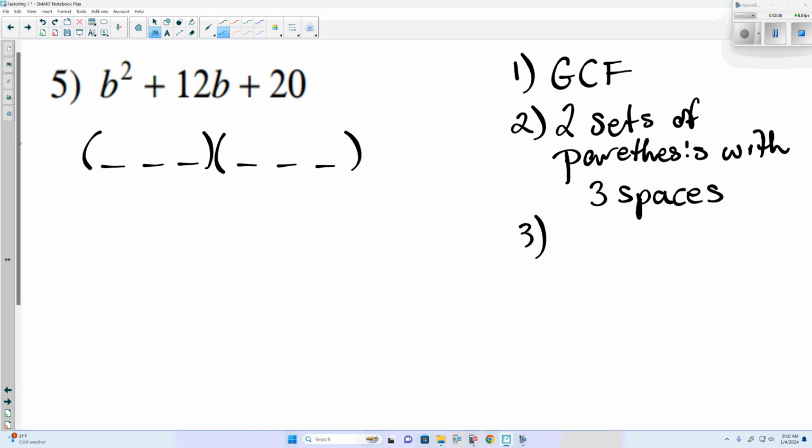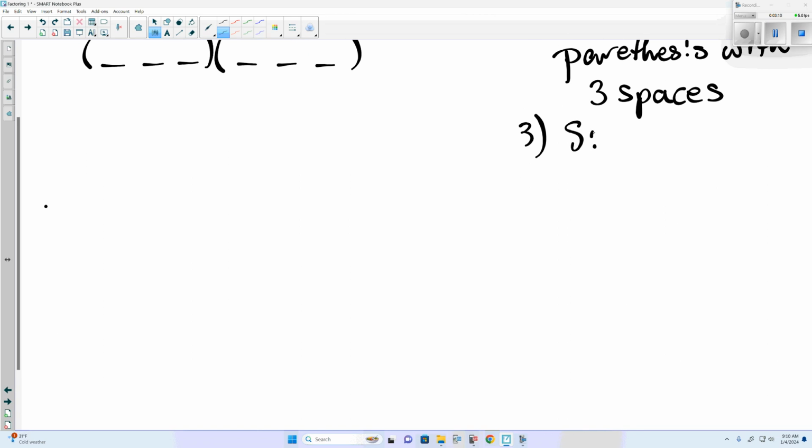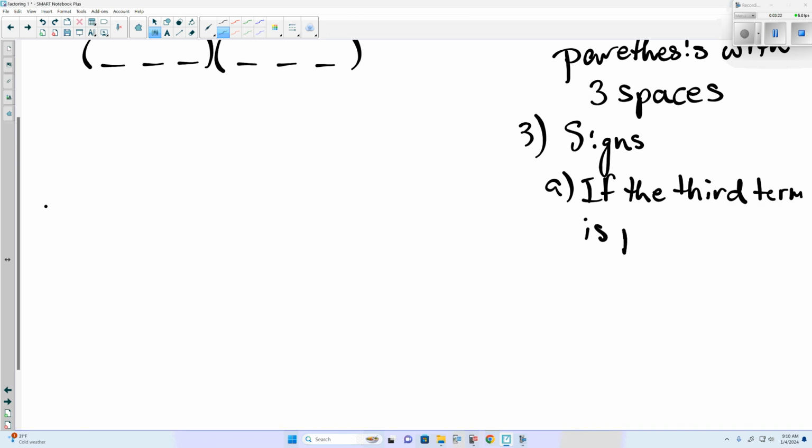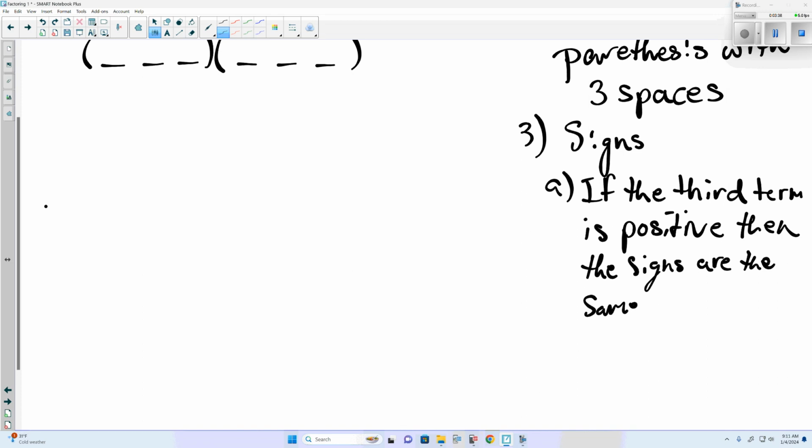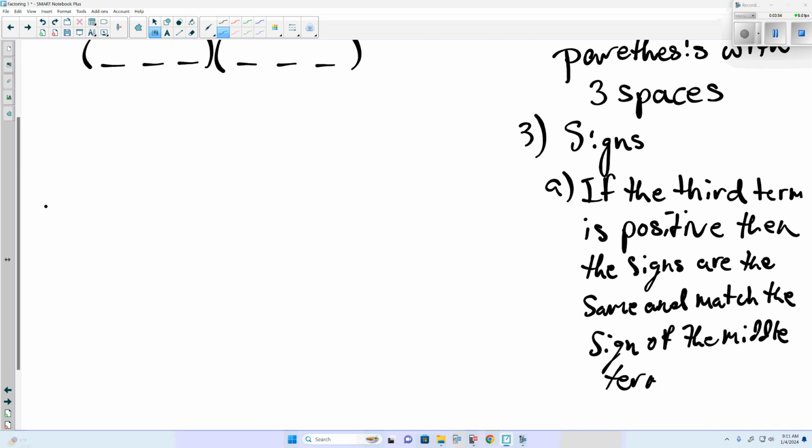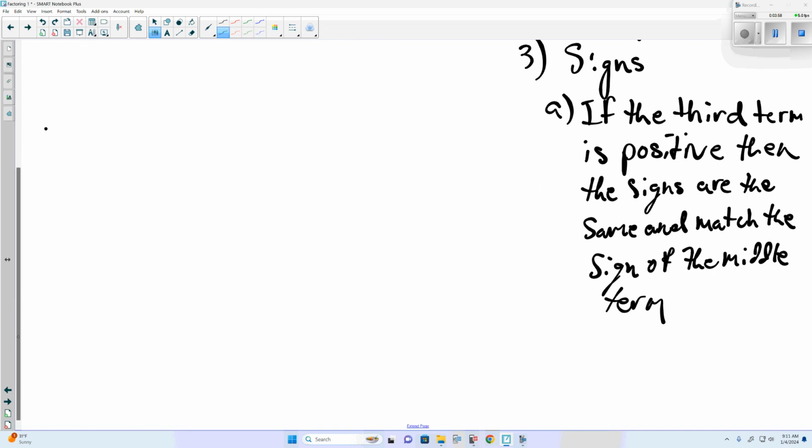Step number 3 is our signs. If the third term is positive, then the signs are the same and match the sign of the middle term.